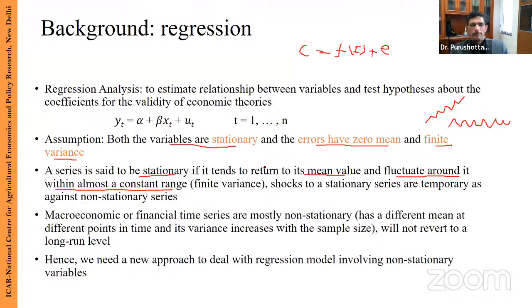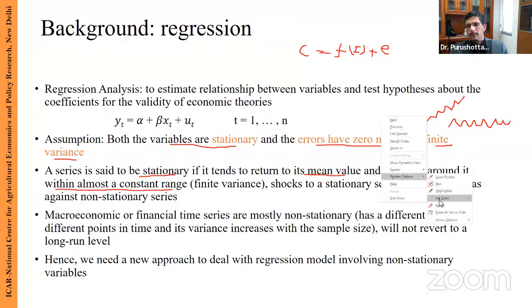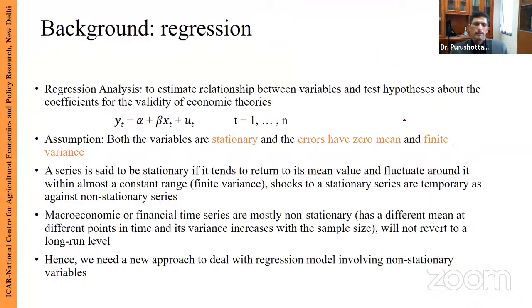And the variance is also constant. Shocks to a stationary series are temporary, as against a non-stationary series. In a non-stationary series, shocks don't transmit to other markets or other variables. And that's the peculiarity of time series analysis particularly.